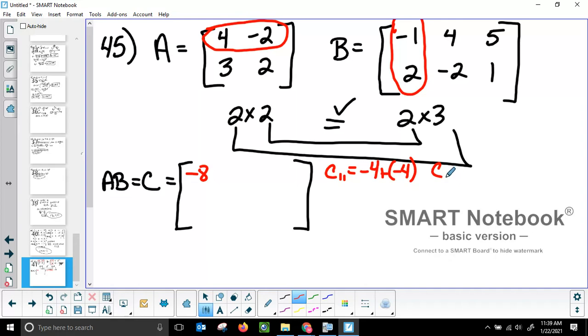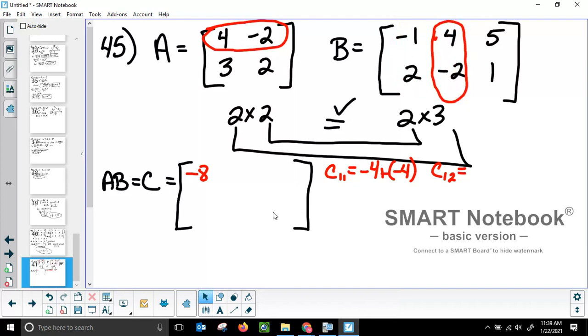All right, C12. I'm still on my first row, second column. So now I have 4 times 4 is 16, plus -2 times -2 is 4, so this will be 20.